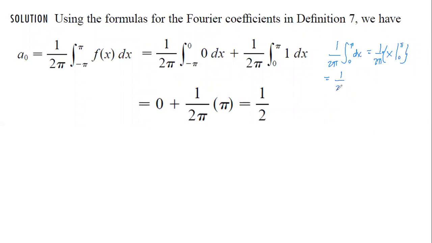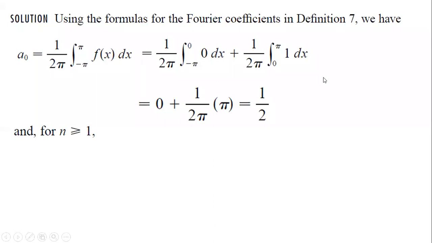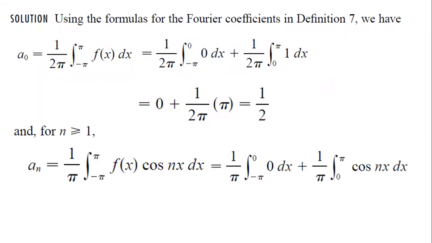So 1 over 2 pi times pi minus 0, which is pi, times 1 over 2 pi. This gives us a value of 1/2. Of course, this is for n greater than or equal to 1.